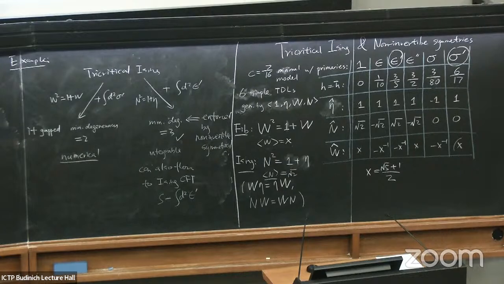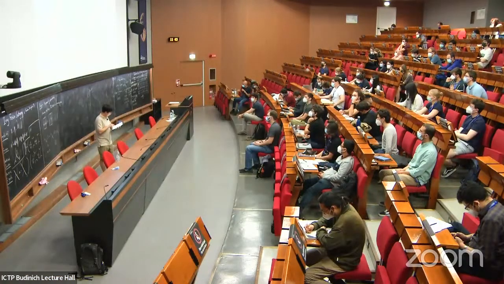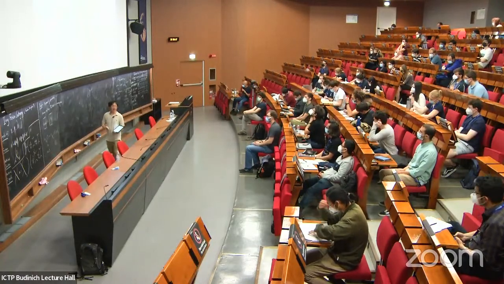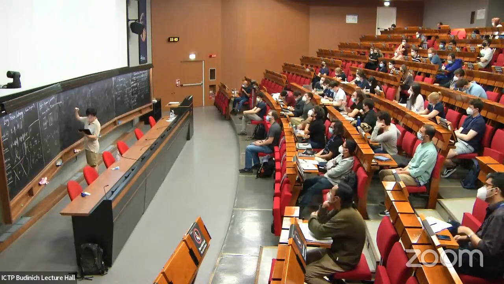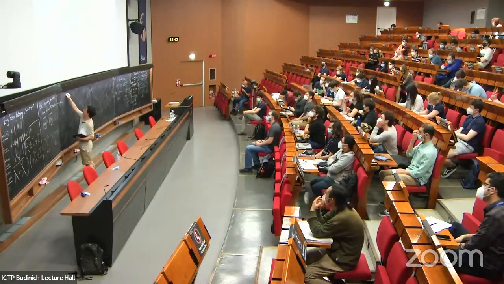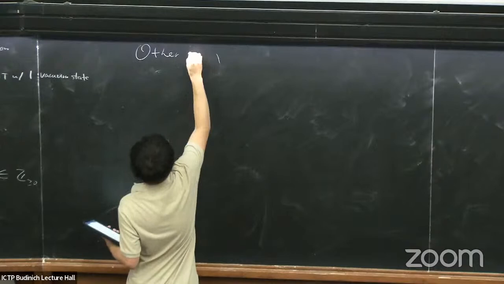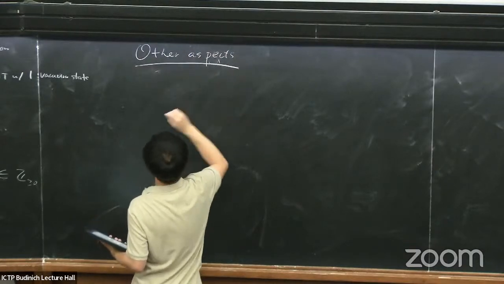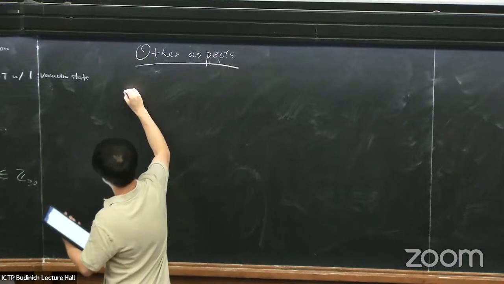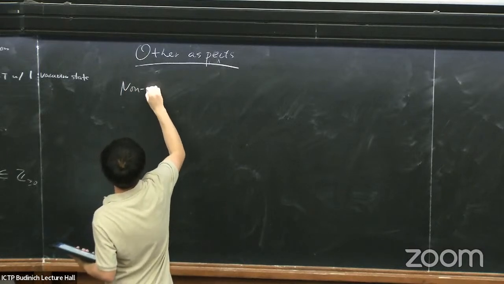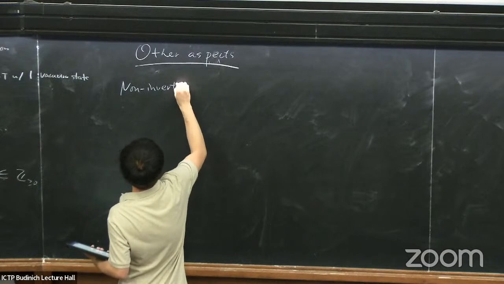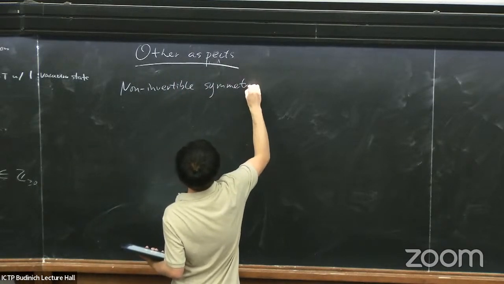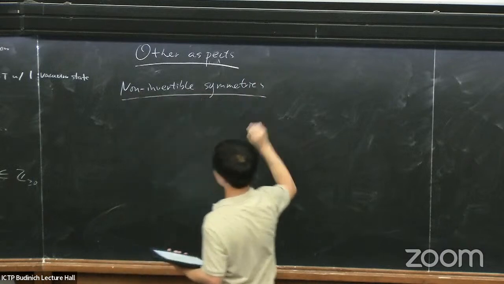I think I'm running out of time, so let me just summarize these lectures by listing some other aspects which I did not discuss, but you are free to ask me afterwards. So in these lectures, we spent a lot on the basics of non-invertible symmetries.